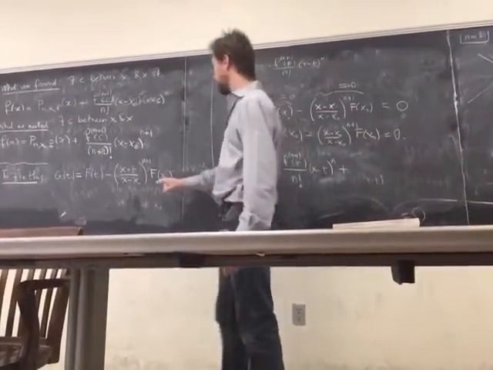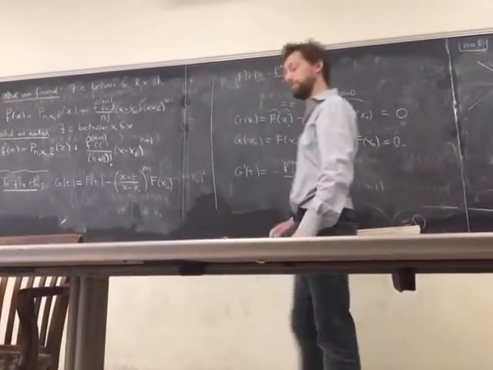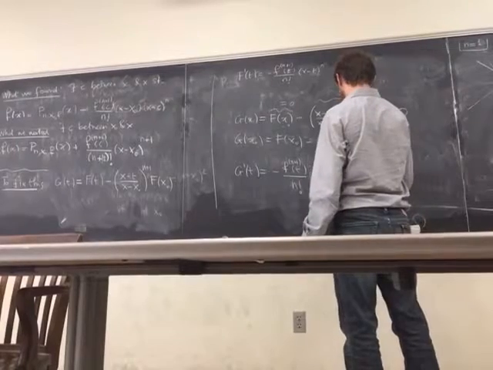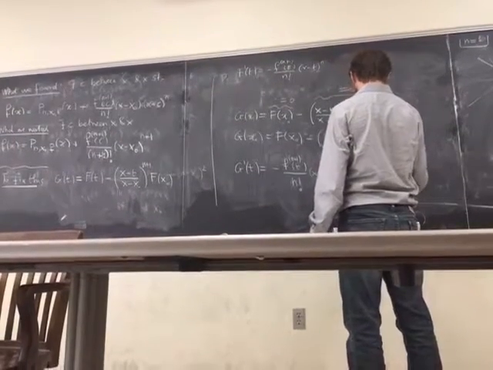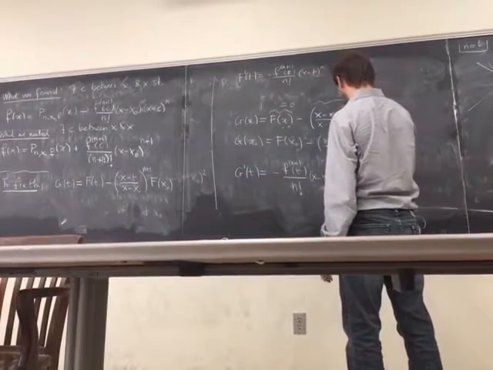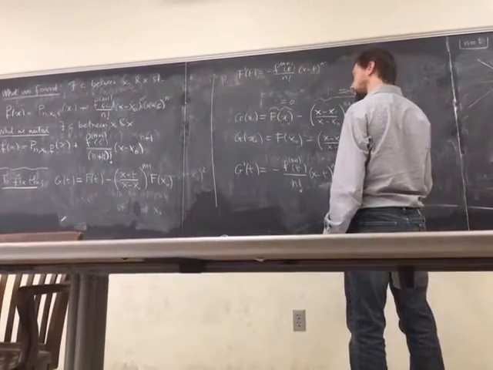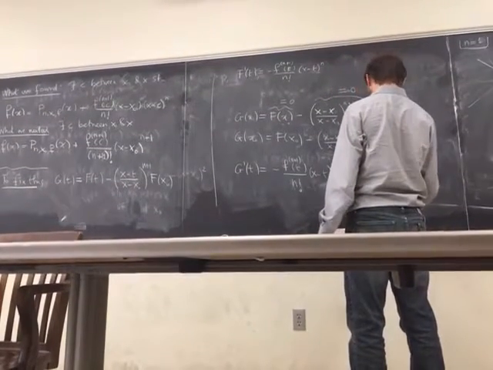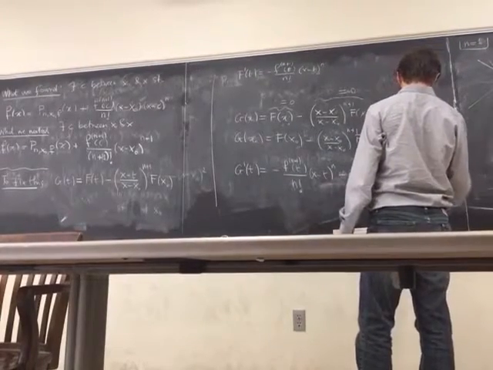Then I have to differentiate in t, so I get an n plus 1 coming down. This leaves me with x minus t to the n. Then I have to differentiate t, so I get a minus here too. And then I have x minus x naught to the n plus 1 times f of x naught.